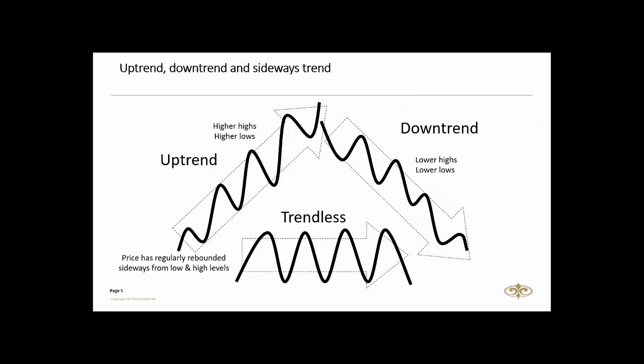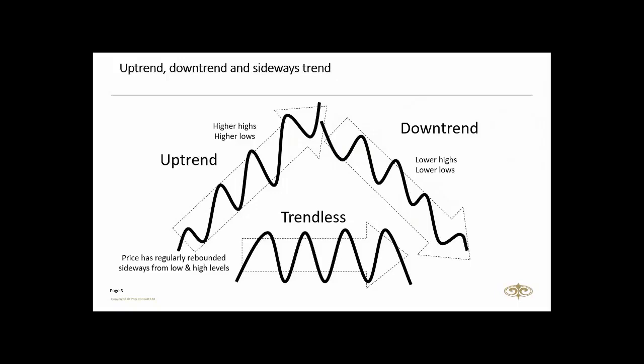A sideways trend is a horizontal price movement that occurs when the forces of supply and demand are equal. In other words, the buyers and sellers are having a bit of a tug of war. This typically occurs during a period of consolidation. We've had a good up move and then the market takes a pause, okay, before deciding either to carry on this trend, or break out and move down lower.